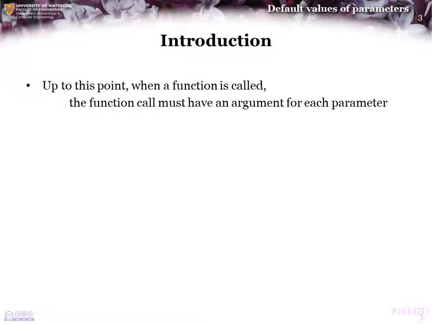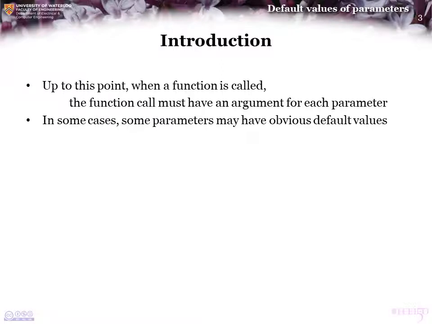Now, up to this point, when a function is called, the function call must have an argument for each parameter. And when the function executes, the initial value of the parameter is the value that is passed in the corresponding argument. In some cases, some parameters may have obvious default values, which perhaps the user doesn't always need to specify.